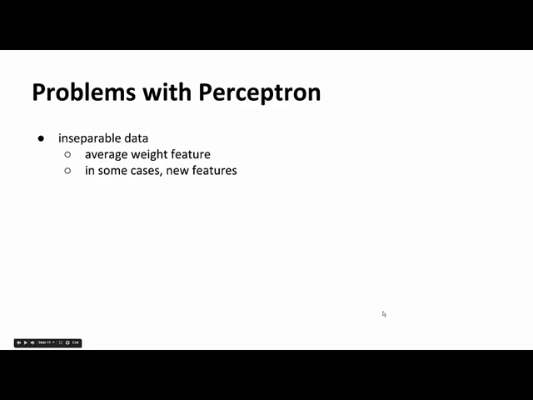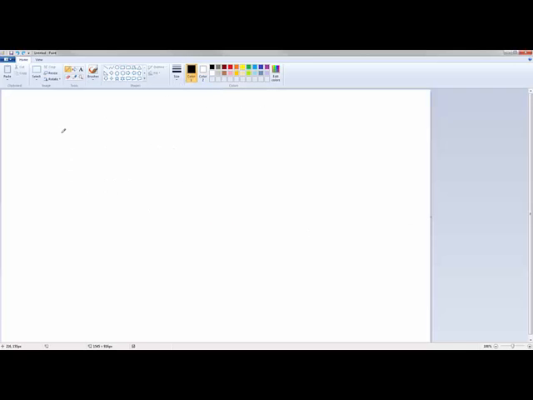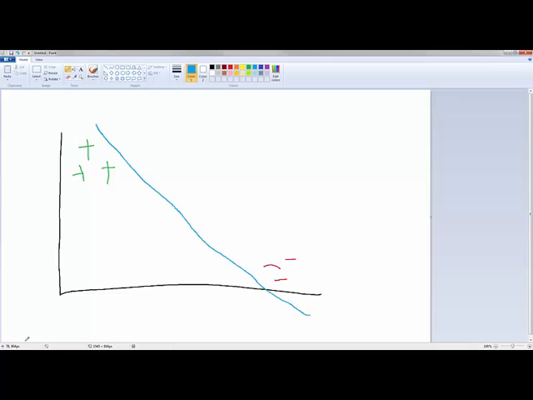All right, another problem that we might have is that the perceptron will not find the best solution. So again, consider that we have the same set of training data where we have some pluses here and we have some minuses here. Well, Perceptron is only looking for a line that can separate this data, so a line that looks like this is just as good as a line that looks like this.